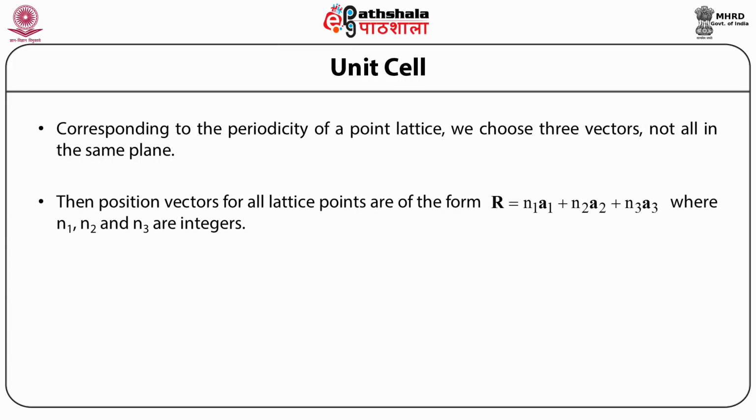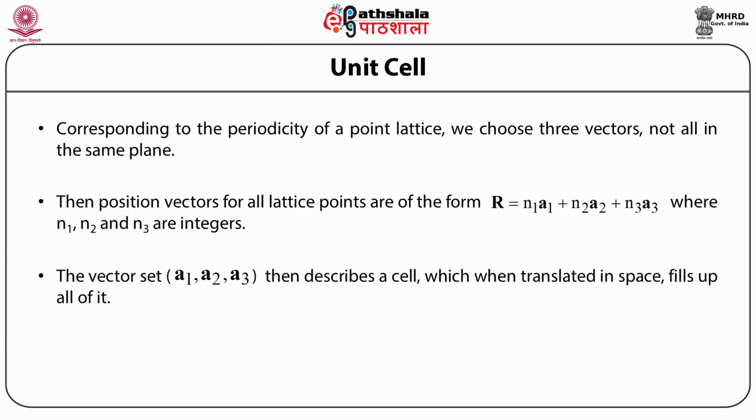Then, position vectors for all the lattice points are of the form R vector equals n1a1 plus n2a2 plus n3a3, where n1, n2 and n3 are integers. The vector set a1, a2 and a3 then describes a cell which, when translated in space, fills up all of it. This cell is called a unit cell.